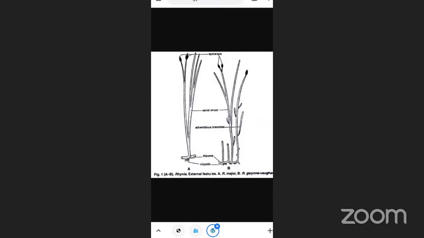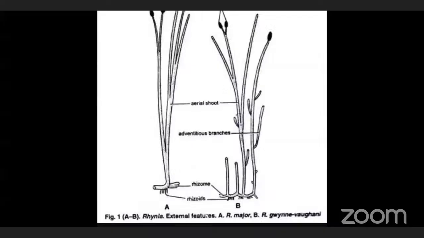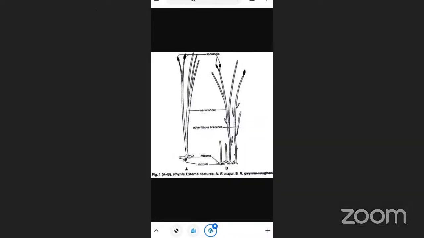The aerial stem was only a continuation of the rhizome's axis, growing upright. The aerial stem was cylindrical and unbranched or dichotomously branched.